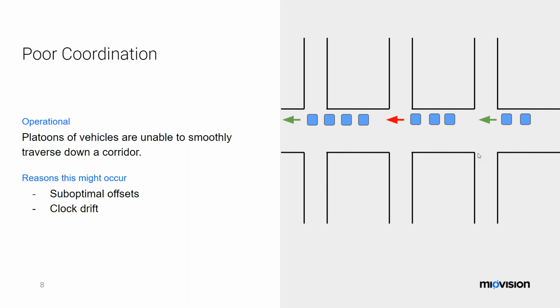So the intersections aren't actually connecting in the way that you'd expect them to be. That could be because offsets are wrong, or maybe cycle lengths are wrong, something like that. Or something more basic like a clock drift, which we have seen many times over, where it can be simply addressed by updating clocks or even using the GPS functionality in the MioVision SmartLink. So poor coordination is around assessing the ability for a platoon to traverse down a corridor.